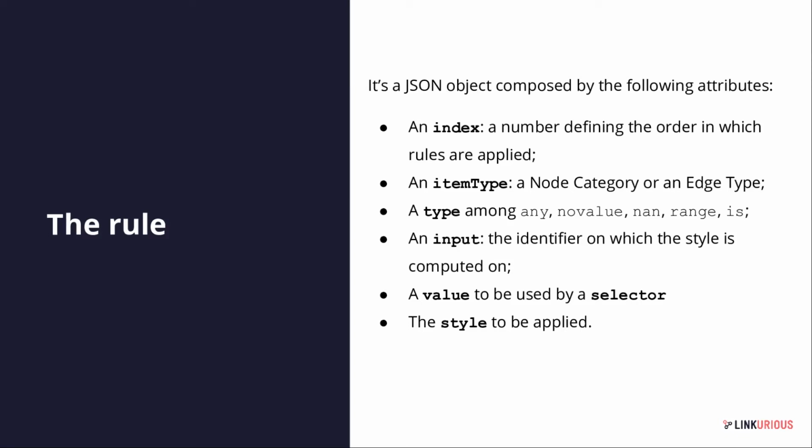Moreover, we can change the style if we have a null value in a node. In order to do this, we should use the no value type. And finally, we have the last attribute that is called style. That is basically another JSON object that contains all the styling rules. So here you can specify how the nodes or the edges should look in the visualization.